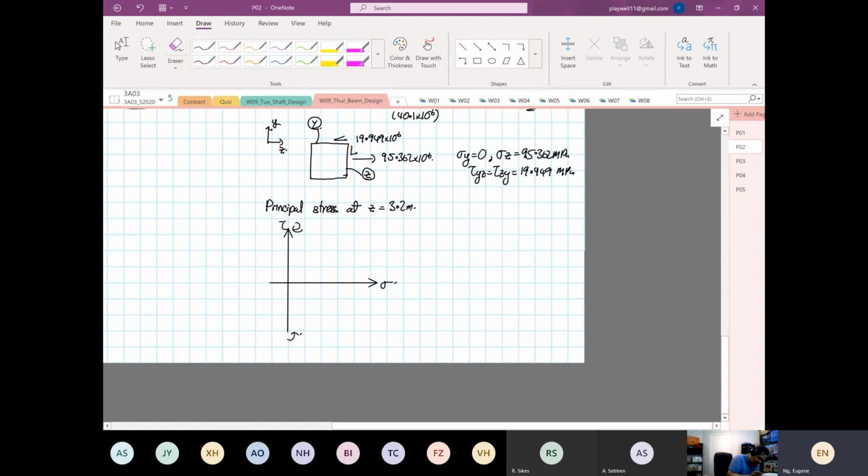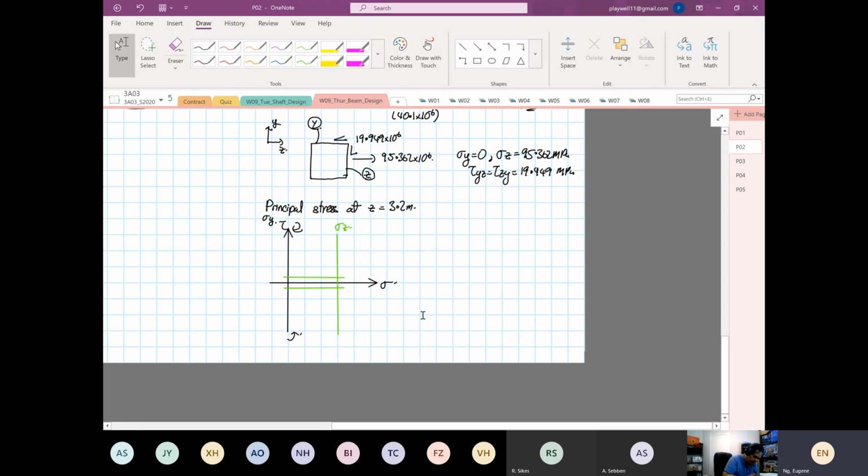Over here, this is our stress Y line, and somewhere down here, this is our stress Z line. And then we have shear. You can see the shear is lower. As I said, this is just a sketch.